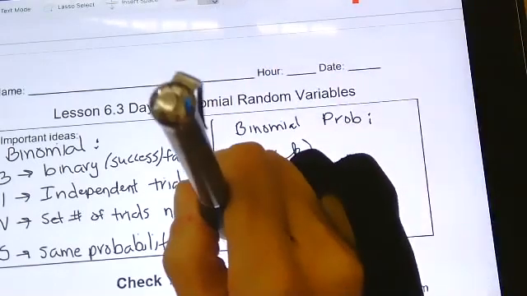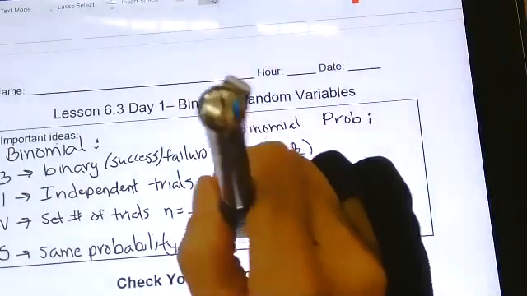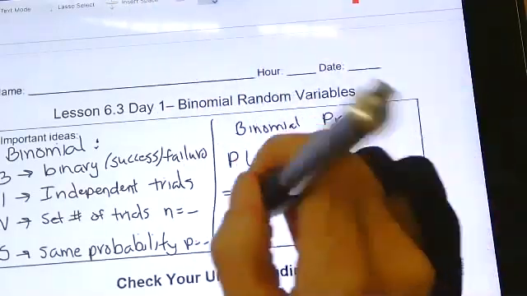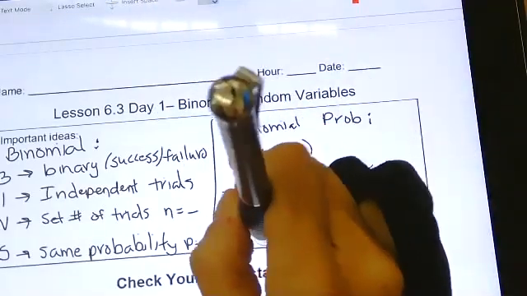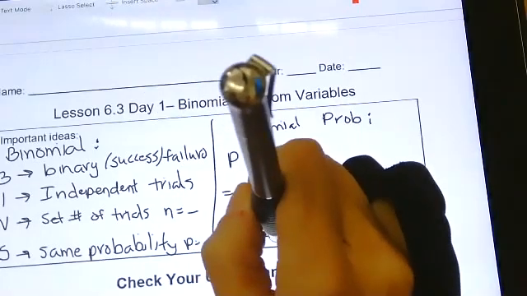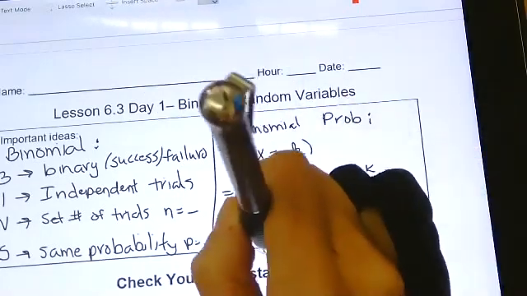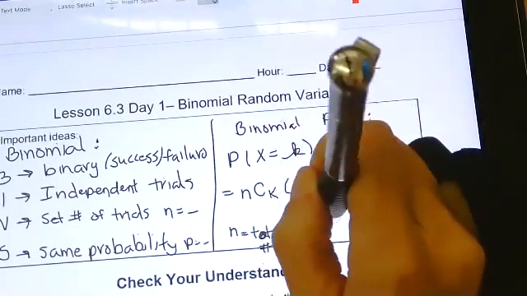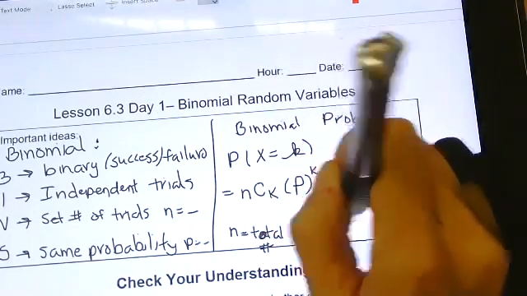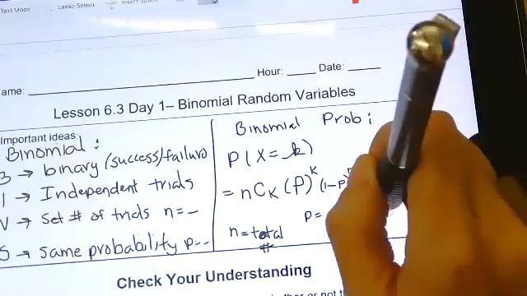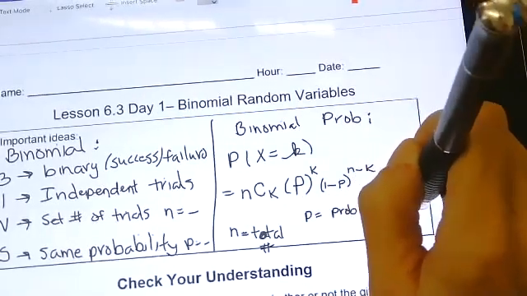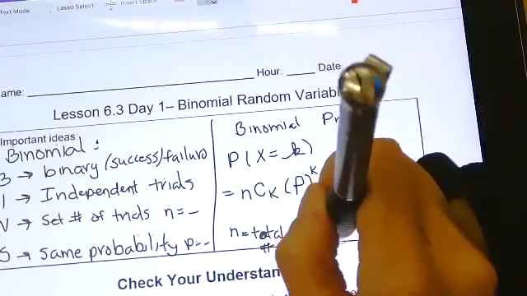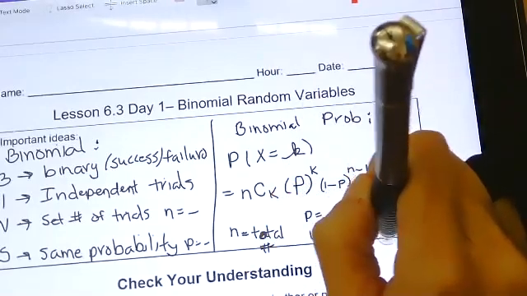Okay, so N is the total number. That's the total number. Okay, and then P is probability of success. And K is the number of successes.